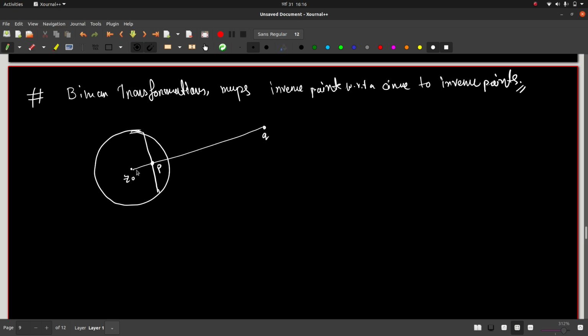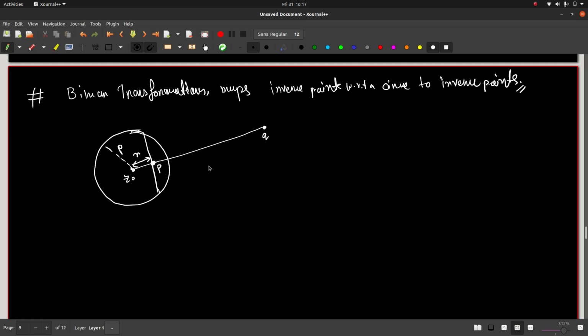P and Q are inverse with respect to the circle of radius rho, this is rho, and let's say this distance is r. P and Q are called inverse with respect to the circle of radius rho and center Z0 if Z0, P and Q lie on the same line and in this order.